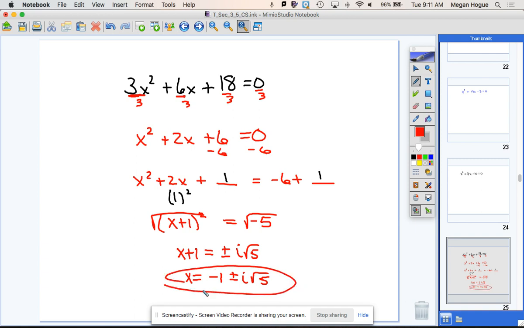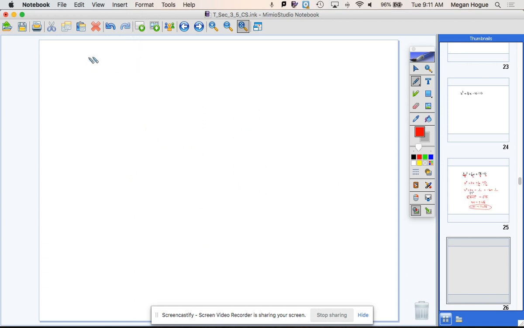Once you have that, we'll go back to our yellow sheet and put some steps. So right underneath your completing the square part, wherever you have complete the square.